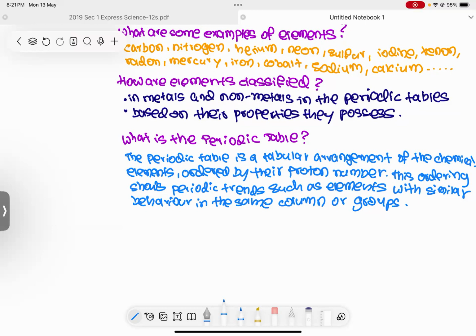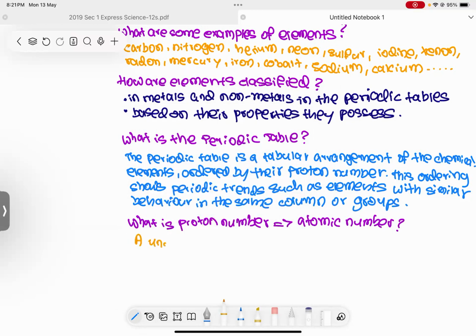Okay, so let's understand what proton number is. The proton number can also be known as atomic number. So you can call it proton number or atomic number. So, what is proton number?